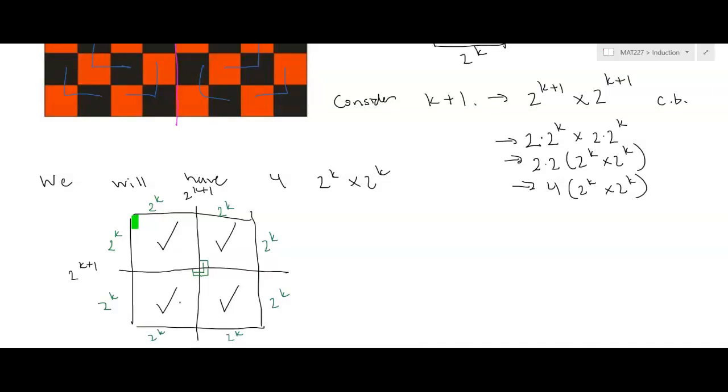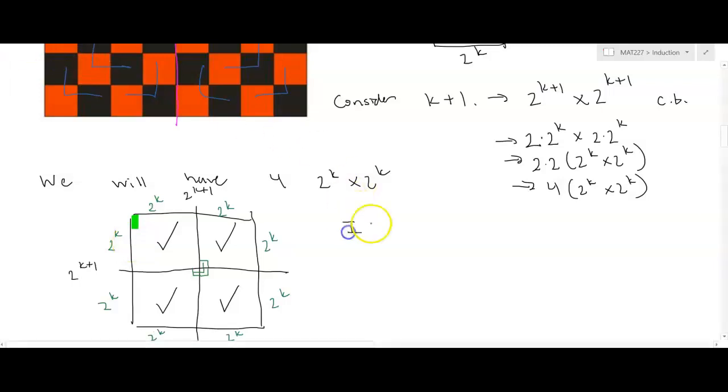So what have we done here? We have shown that if it's possible for some arbitrary case of that checkerboard to be tiled, then it is also possible for the next size up to be tiled.